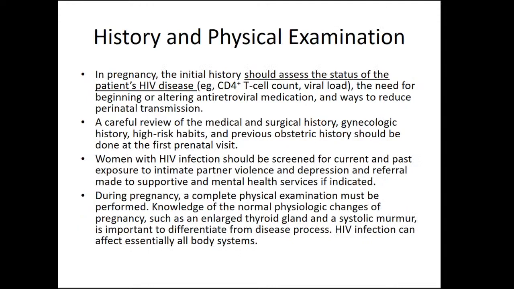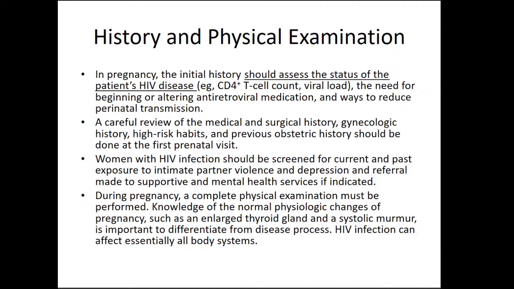What's important to remember for any physician who is in charge of patients during pregnancy is that we need to take the initial history, the anamnesis. We need to assess the status of the patient with HIV disease. For example, we need to send blood for CD4 T cell count and viral load.